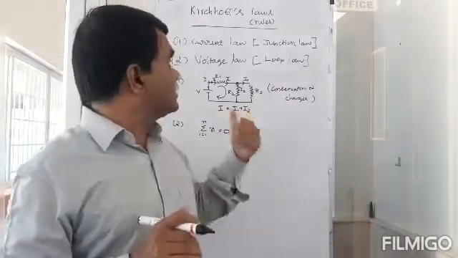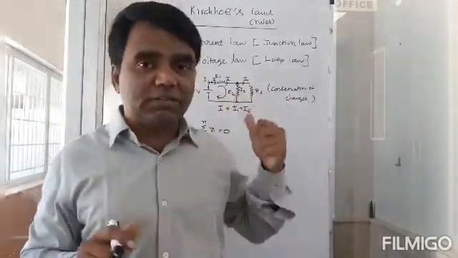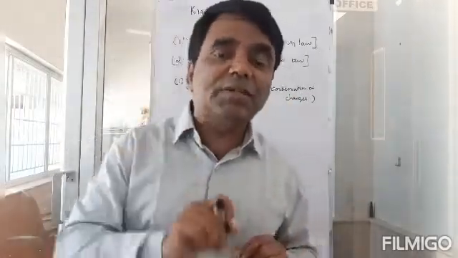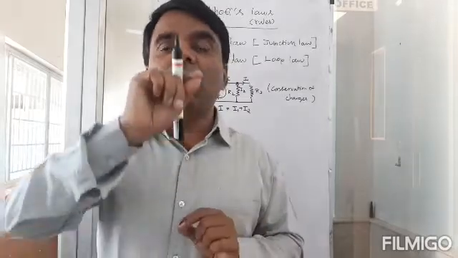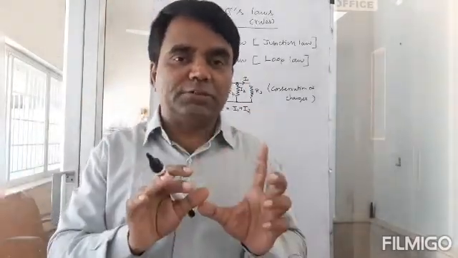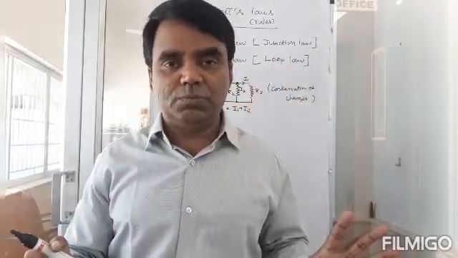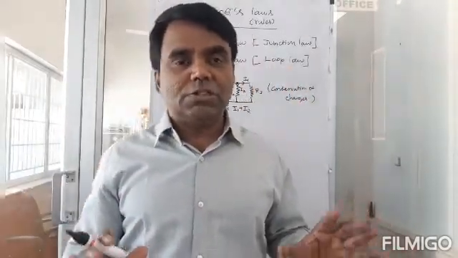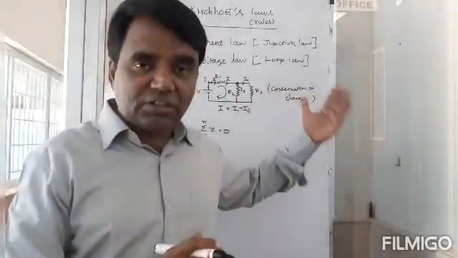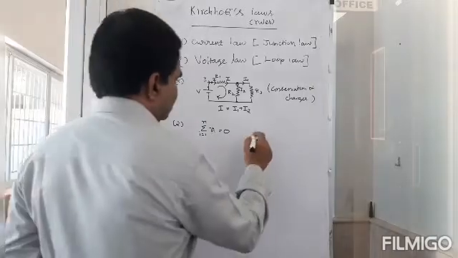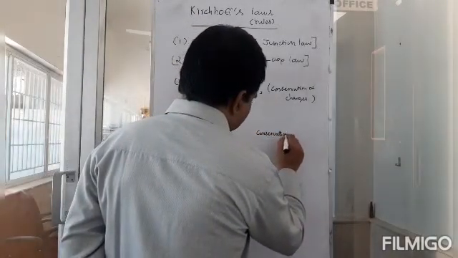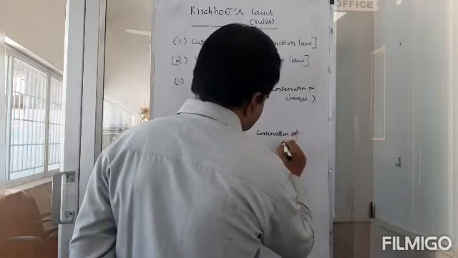And then the second is the voltage law. That's also called the loop law. And it says that the algebraic sum of all the potential differences in a closed loop of a circuit is 0. So the first law represents the conservation of charges, and the second law represents conservation of energy.